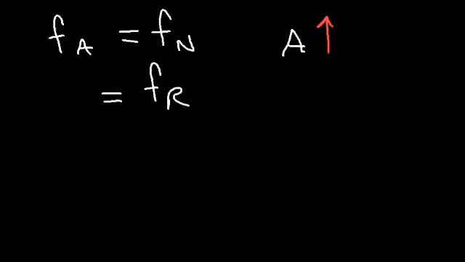So if the applied frequency matches the natural frequency, or if it's very close to it, the amplitude can increase greatly. When the applied frequency matches the natural frequency, it's known as the resonant frequency.